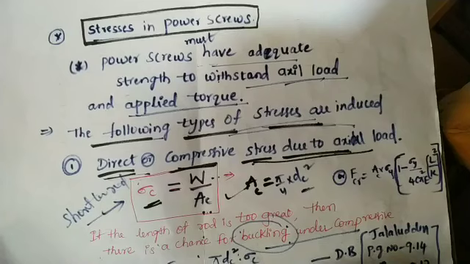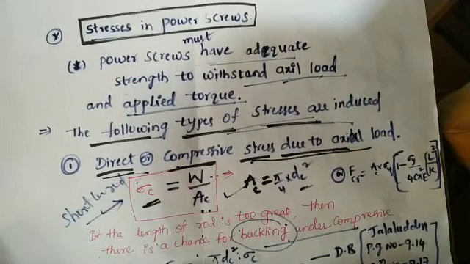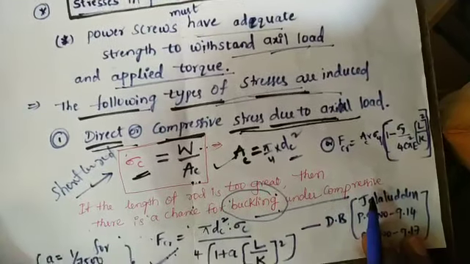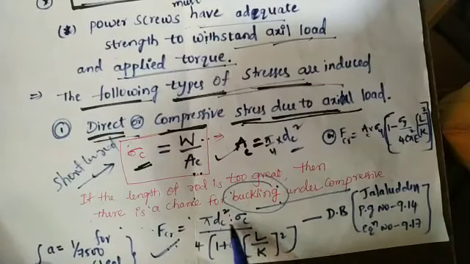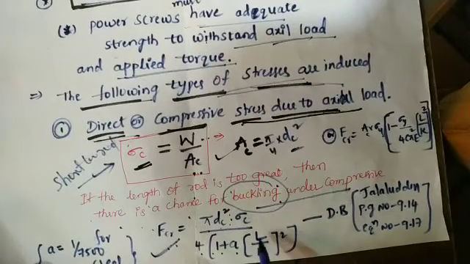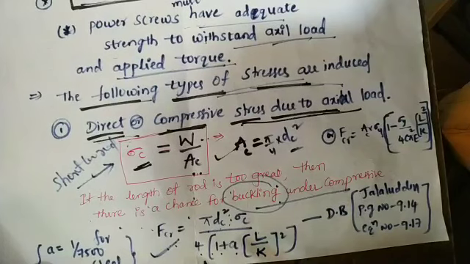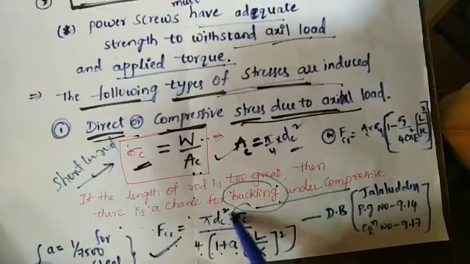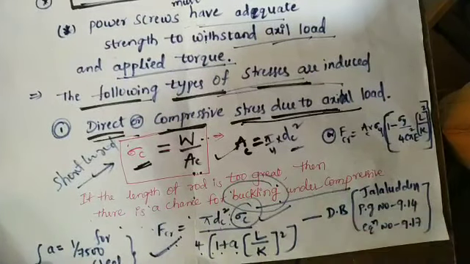You already know buckling. By using this formula, FCR, which means buckling load, equals pi into DC square into sigma C by 4 into 1 plus A into L by K whole square. Using it, calculate FCR or sigma C.